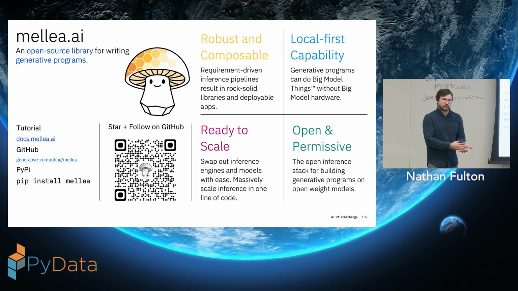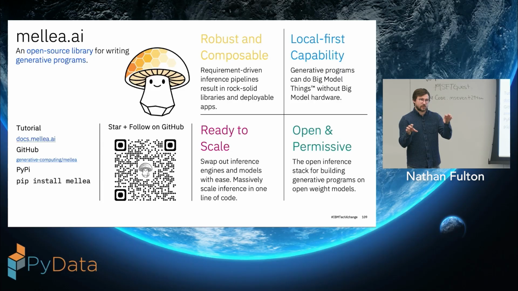Remember, a session is a combination of a backend and a mutable ref to an immutable context. So those are the two things, right? You might have multiple backends that you want to use, and so you instantiate multiple sessions. Or you might want to be using the same model and the same backend the whole time, but you have multiple representations of context that you want to keep around. And you can do both of those things.